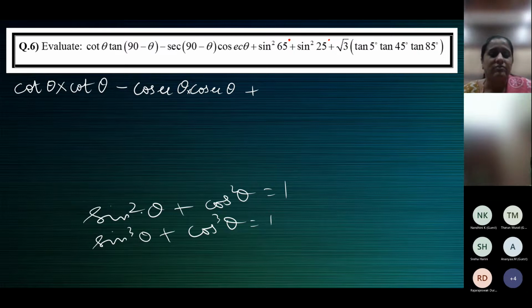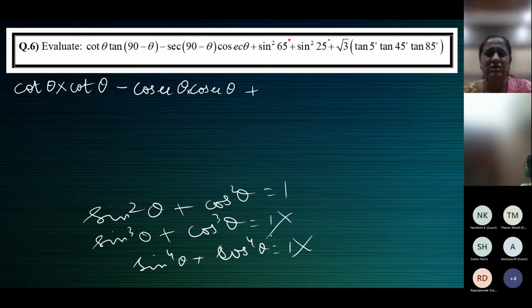But you cannot write sine cube theta plus cos cube theta is 1, or cos to the power 4 theta is equal to 1. All this is meaningless. This is the identity. You can square it on both the sides. You can do any meaningful mathematical operation and get other equalities. But simply changing the square to cube, you cannot do these changes.